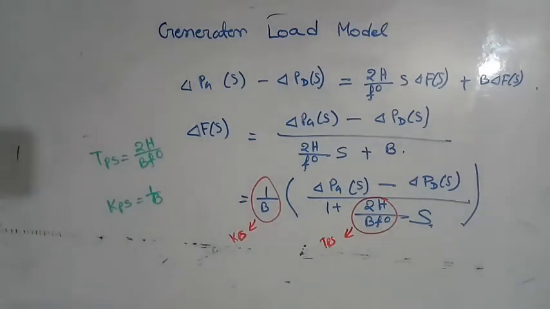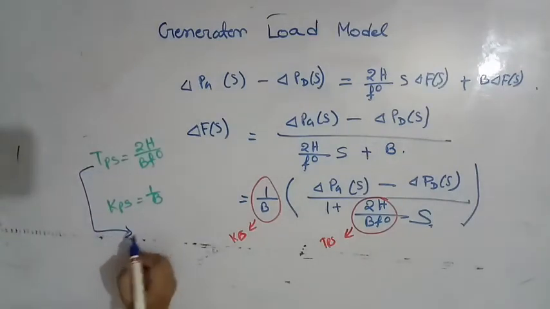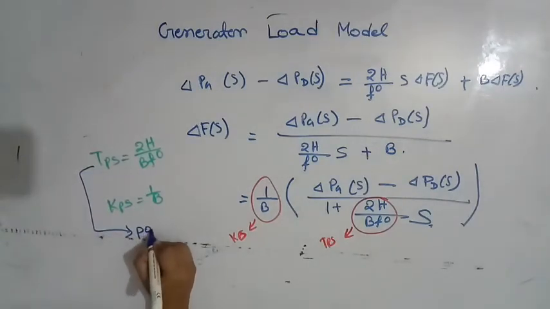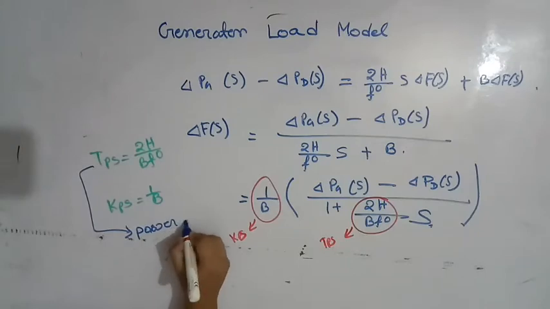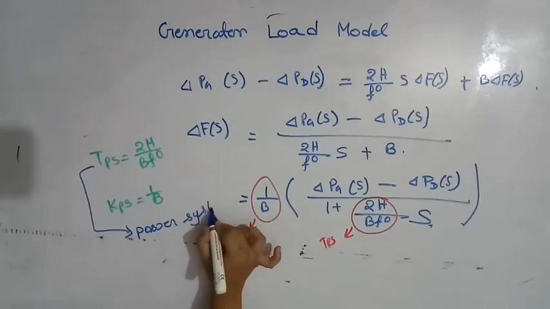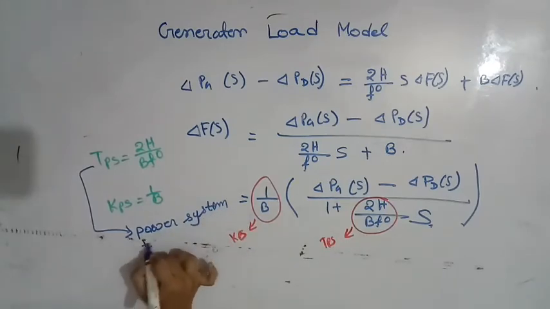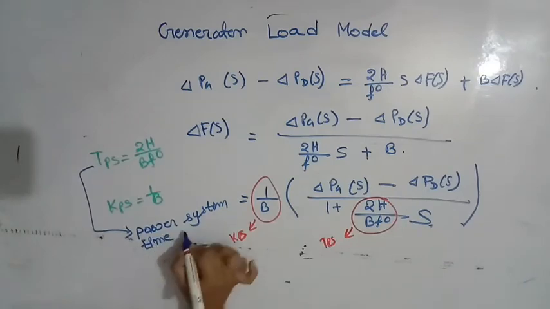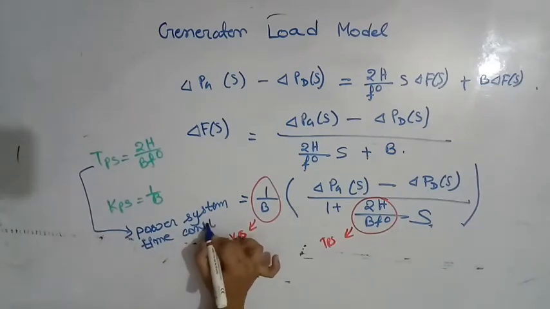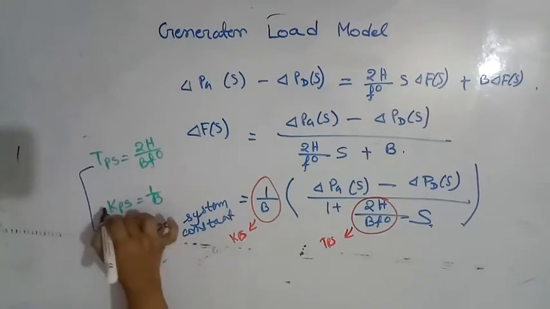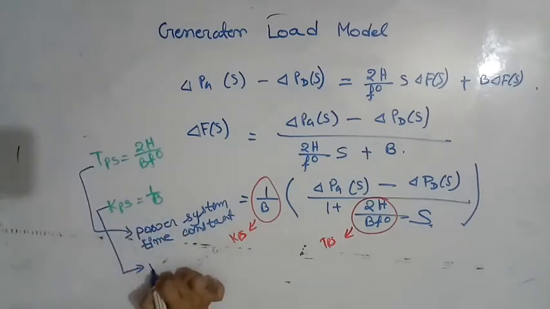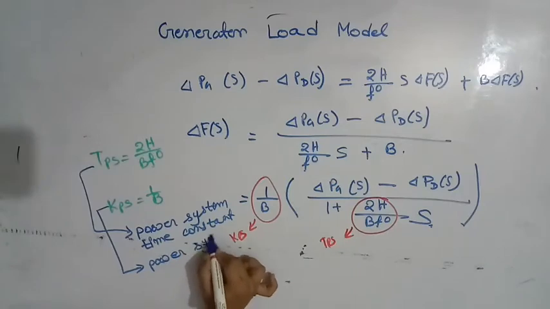TPS is the power system time constant and KPS is the power system gain.